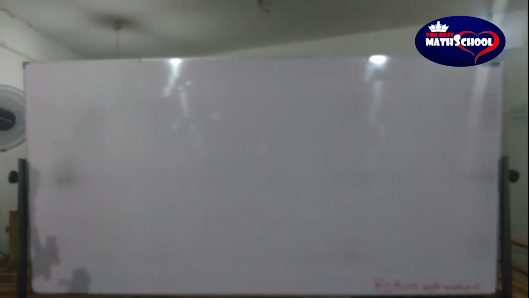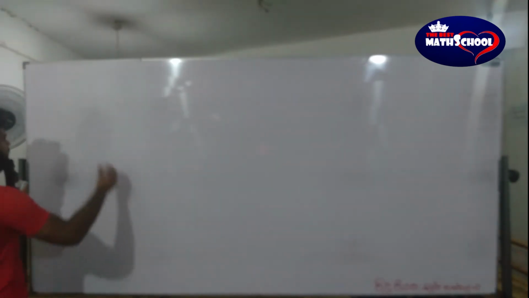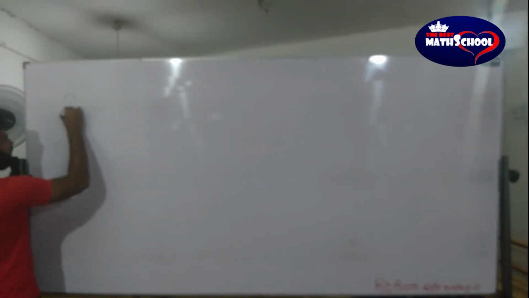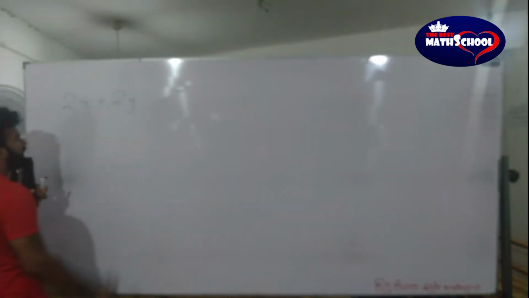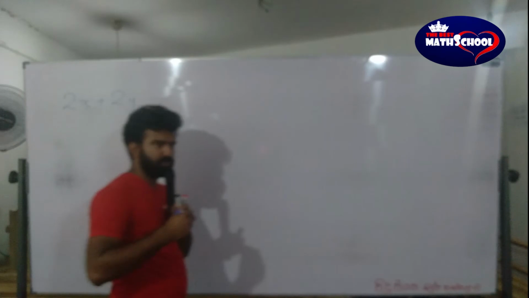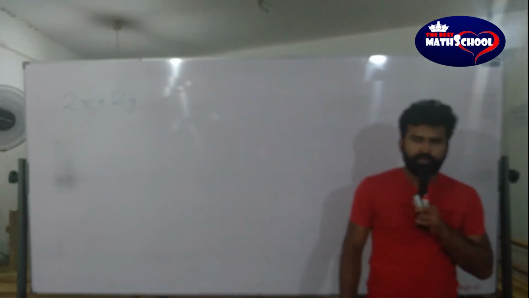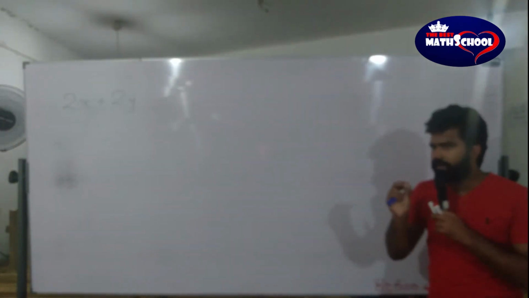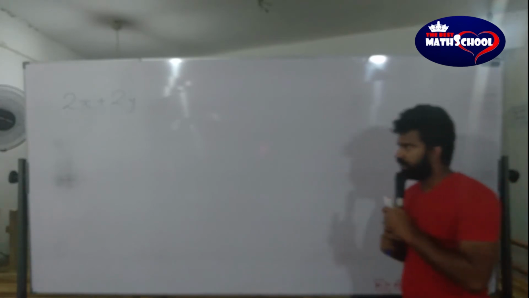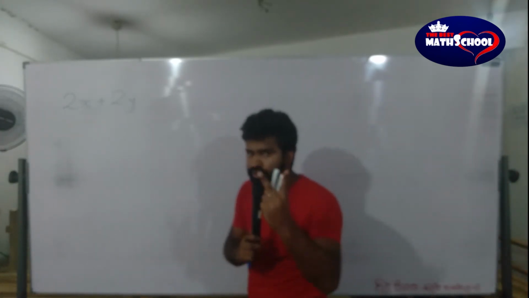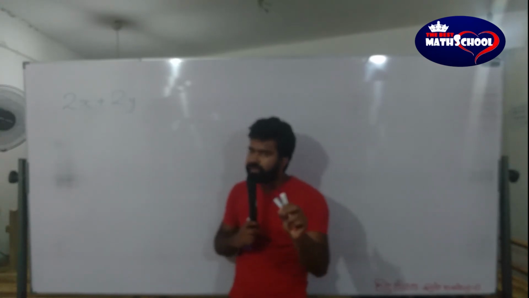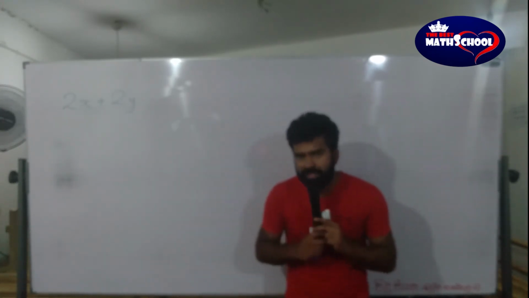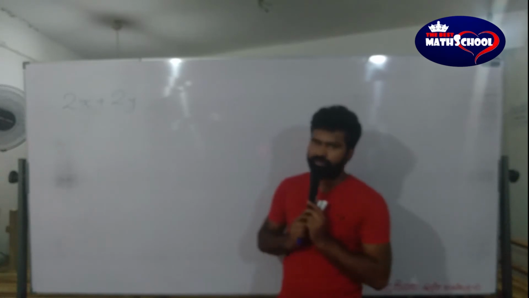Right. So first of all, I'll take the expression like this: 2x plus 2y. Right? 2x plus 2y. Now you have two algebraic terms connected with a plus mark, and then only it has been created as an algebraic expression.